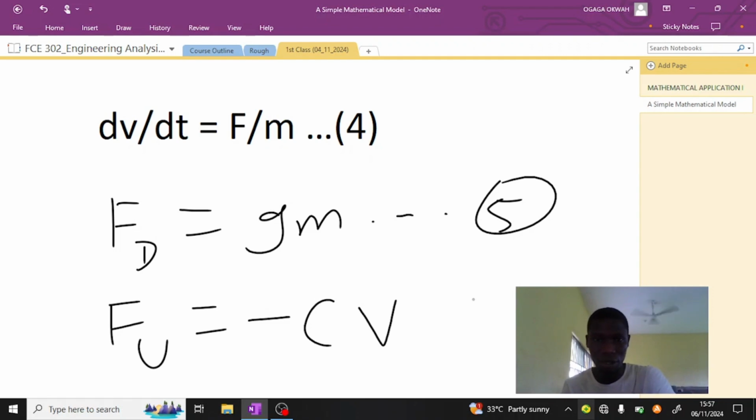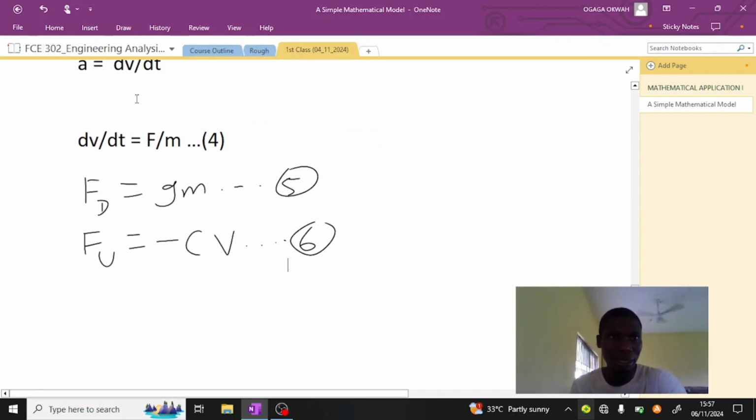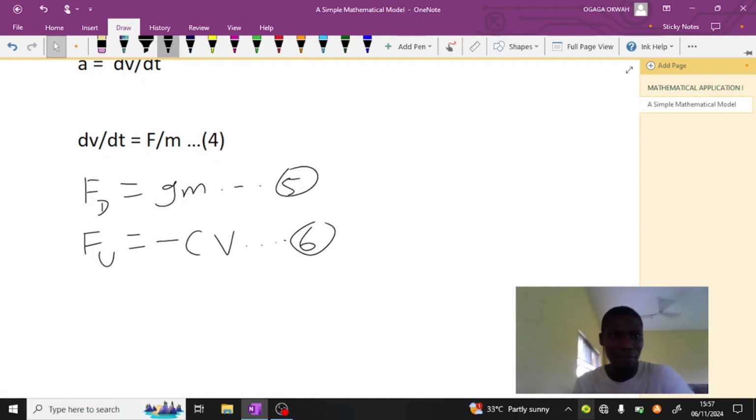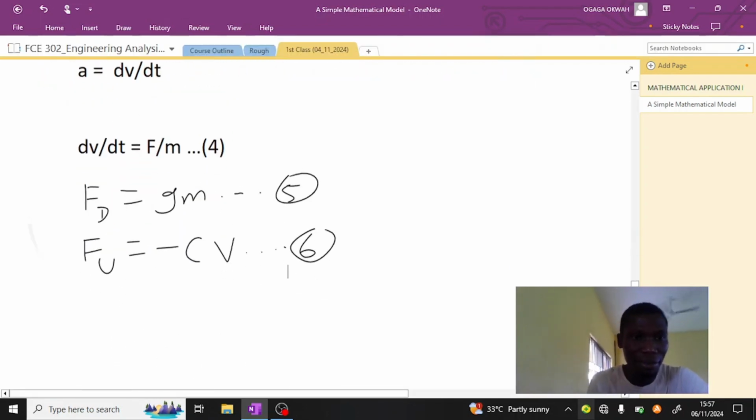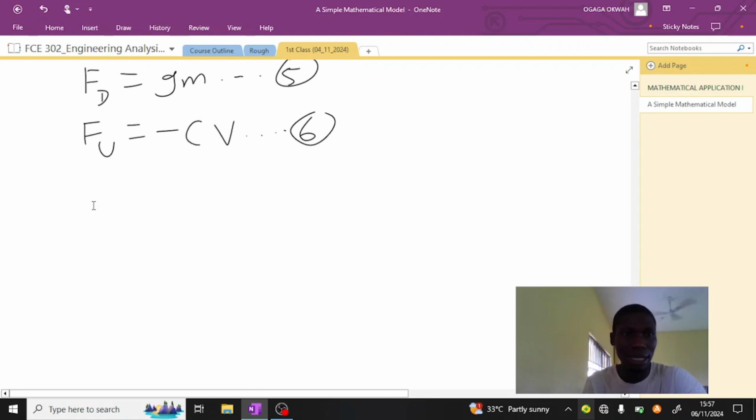So call this equation 6. These are the forces acting on the body. So the net force is made up of the sum of the downward force and the upward force. We can write that as F. Let me put that here.